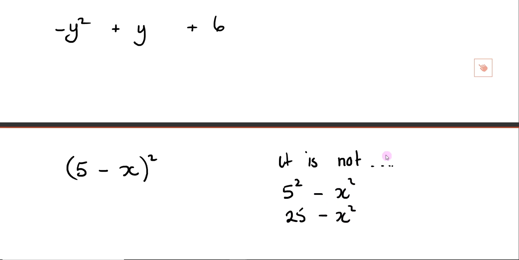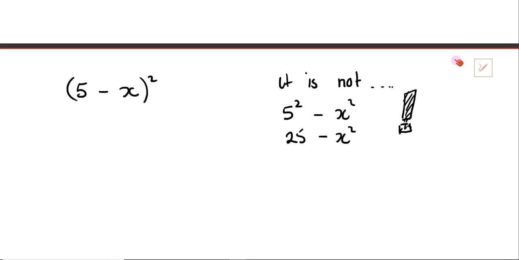It's definitely not that. That's what a lot of people do. What do I have to do if I've got something squared? Multiply it by itself. When you square something, you multiply by itself. Right? What happens now?